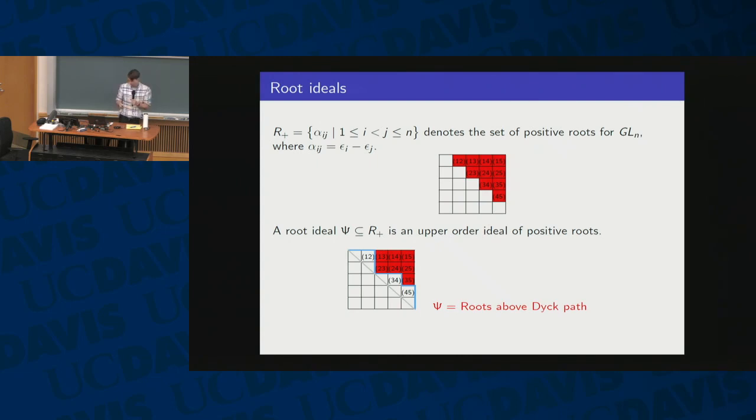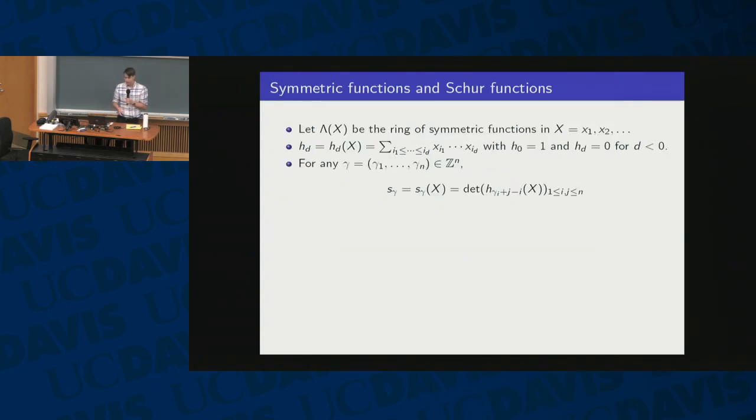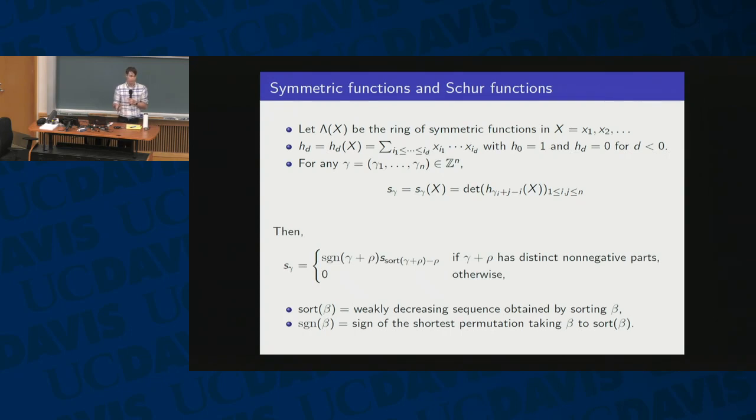Okay, so then algebraically we'll be working mostly in this talk in the ring of symmetric functions, and as before, we're going to define the Schur function as the determinant of complete homogeneous symmetric functions and define it for any integer vector because this is convenient. But as before, if you have a Schur function indexed by some integer vector, then if you want it in terms of a Schur function indexed by a partition, you just get plus or minus a Schur function indexed by a partition or 0, following the recipe that Jonah described before.